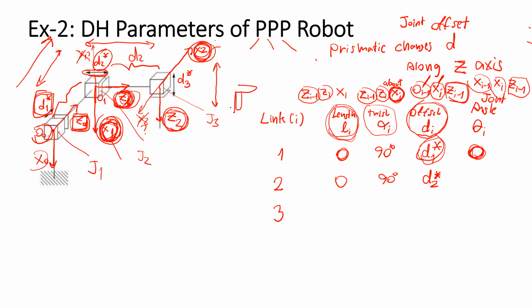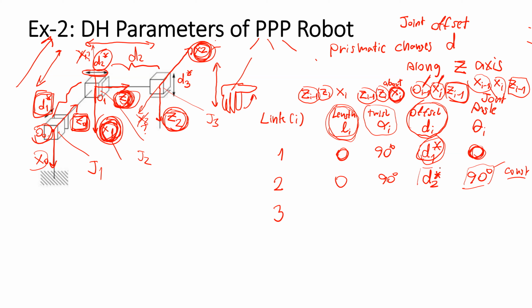Your finger points in the X1 direction. And then switch 90 degrees to the direction of X2. So the angle is 90 degrees here, but it is fixed, constant, because this robot is a prismatic robot.